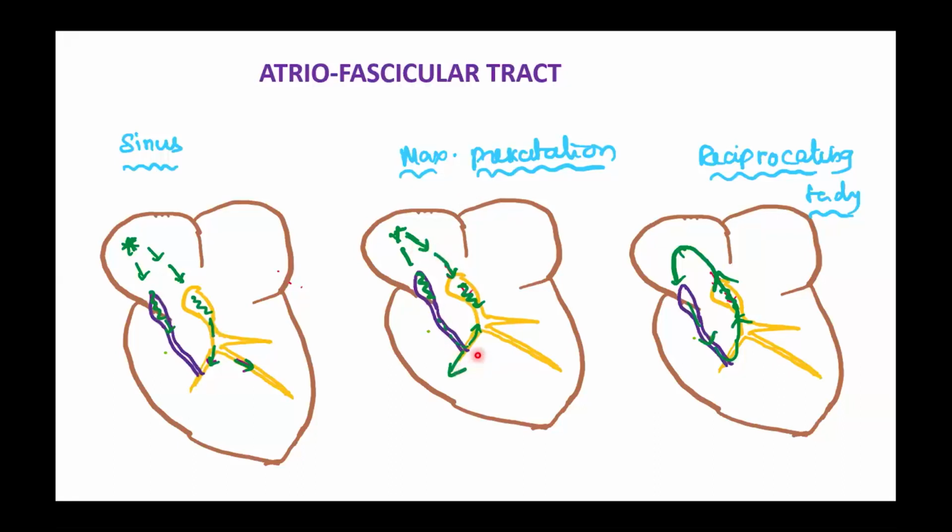That we will see with atrial extrastimulus pacing. During the reciprocating tachycardia, the important role of the Mahaim pathway is that it will conduct only antidromically. So it is anterograde conduction via the atriofascicular pathway and retrograde conduction via the node. So it will always be a wide complex tachycardia with LBBB morphology.